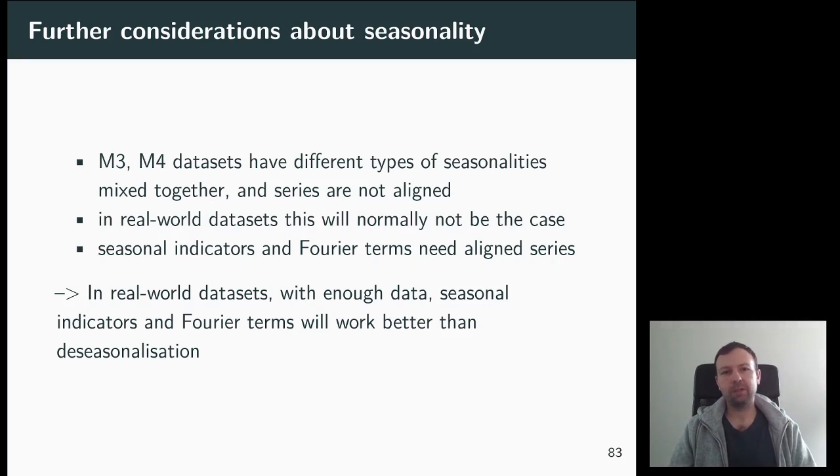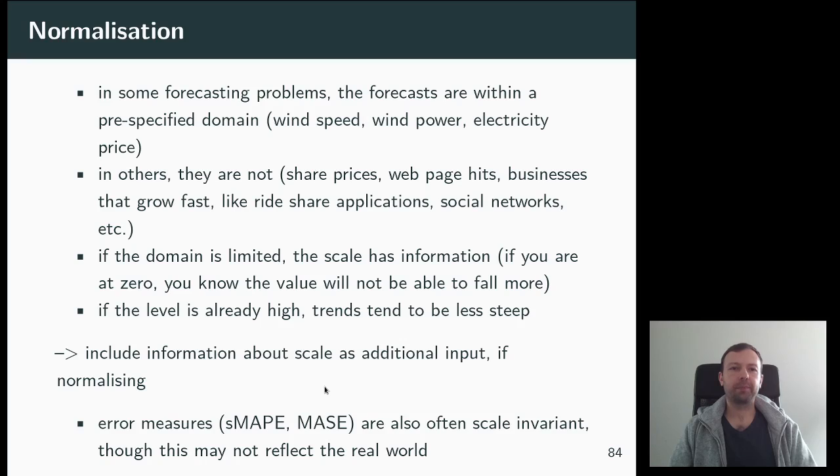Then you need to do something else, like a decomposition. But in real-world series that are all aligned and follow roughly the same patterns, Fourier terms work great, and they will work better than deseasonalization.